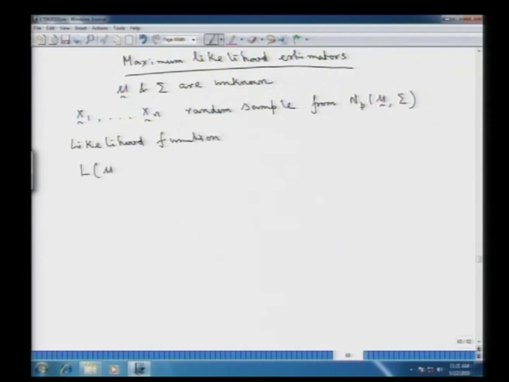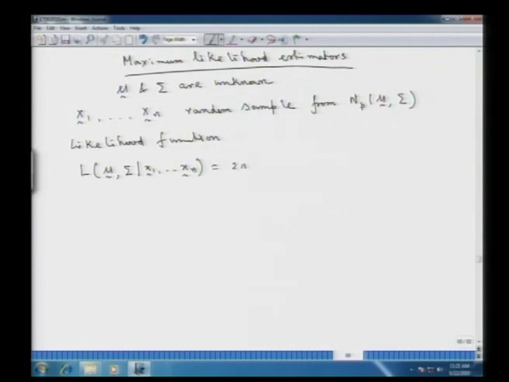So, the likelihood function is L(mu, sigma) given the observations x1, x2, ..., xn, and that is nothing but the joint PDF looked upon as a function of mu and sigma given x1, x2, ..., xn. In order to find the maximum likelihood estimators, we will try to see what mu and sigma maximize this particular likelihood function.